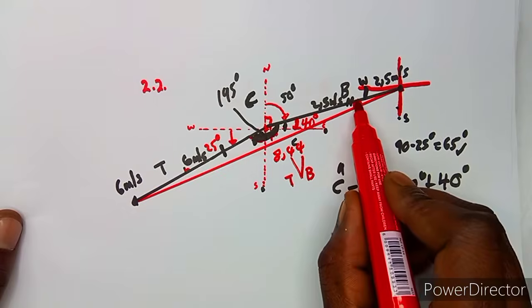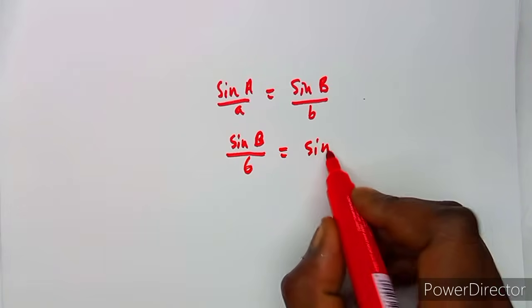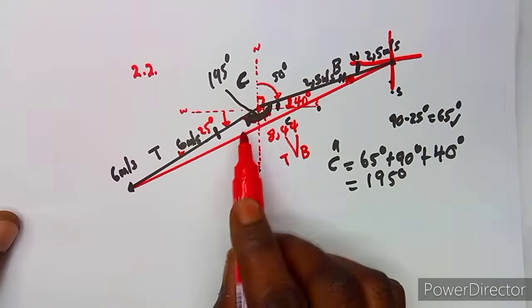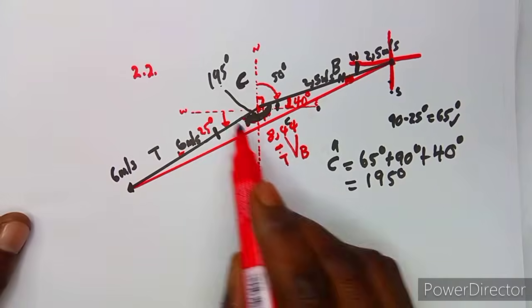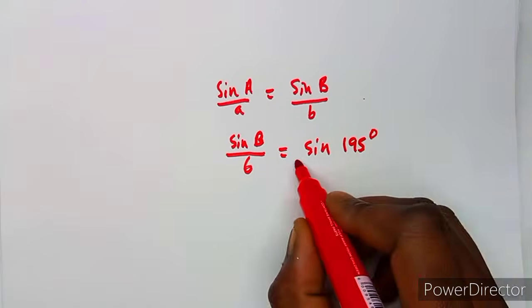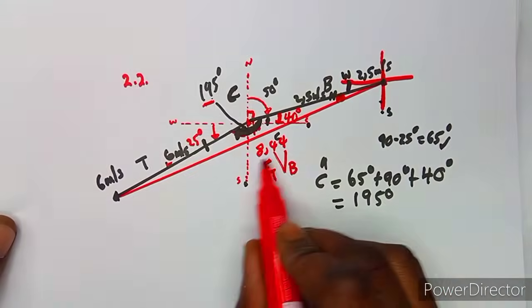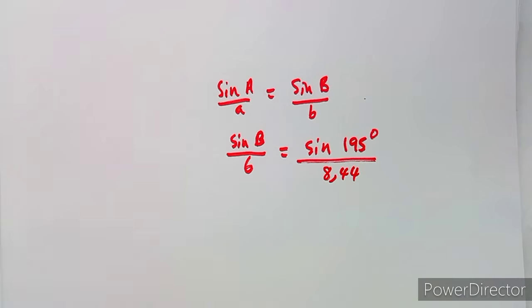So angle B corresponds with 6, which is equal to sine of the other angle that you're given and the corresponding side, because we calculated it. So it's going to be sine 195 over the corresponding side, which is 8,44.